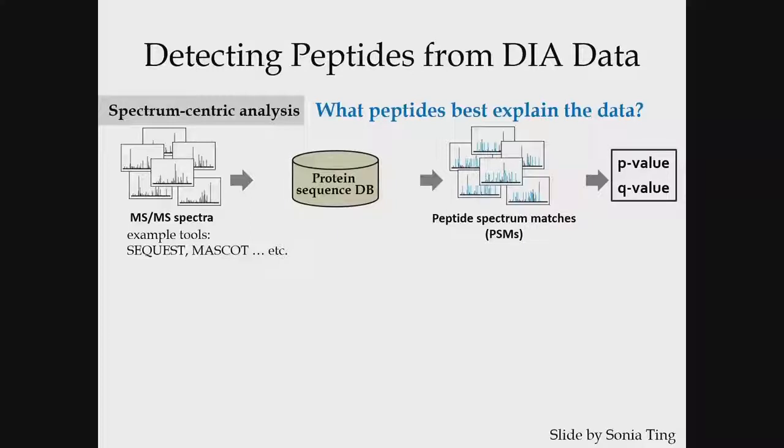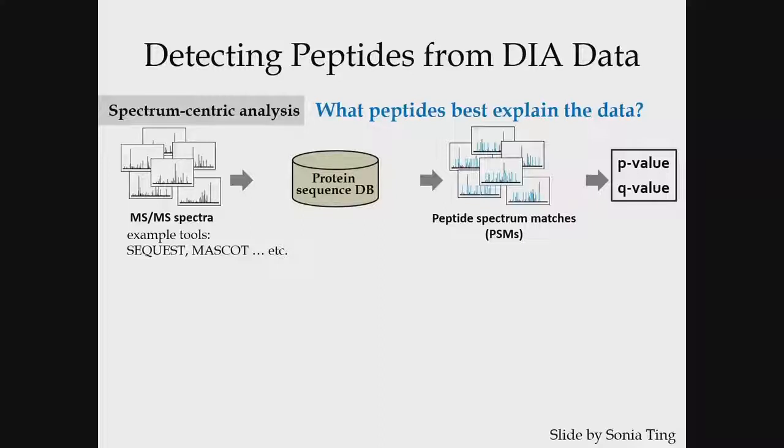You collect a bunch of spectra, and you take a tool like Sequest, Mascot, or MaxQuant, and you match and score those spectra against a protein sequence database. Then for each spectrum, you get one or more peptide spectrum matches. And for that, we can calculate an error rate, like a p-value or q-value.